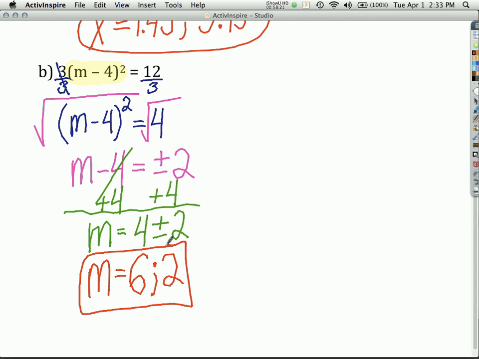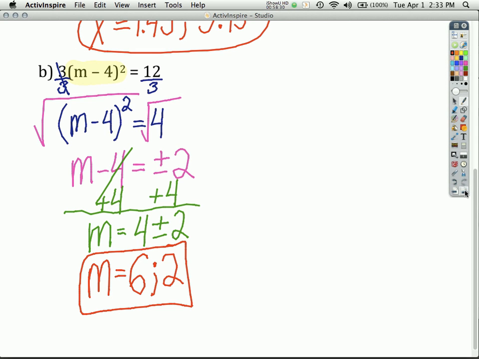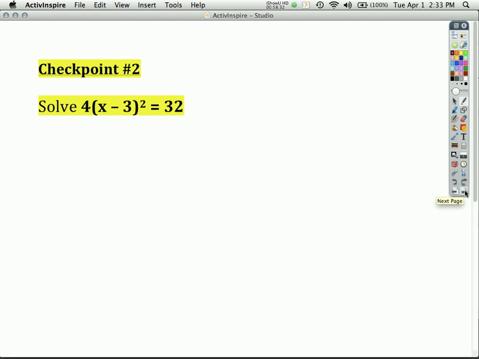Does anyone have any questions on how we did that? All right, let's see how you do on your own. Checkpoint number 2. Solve this.